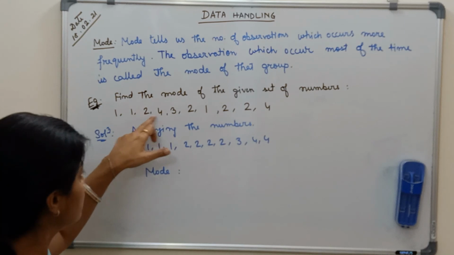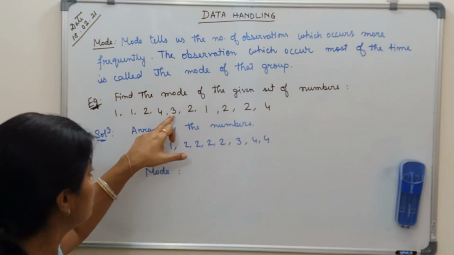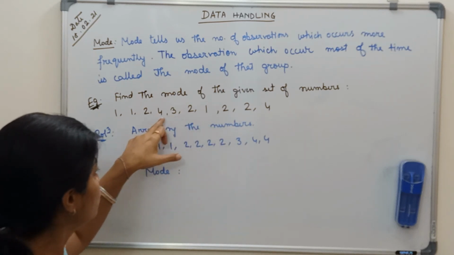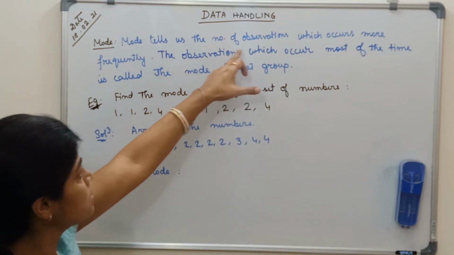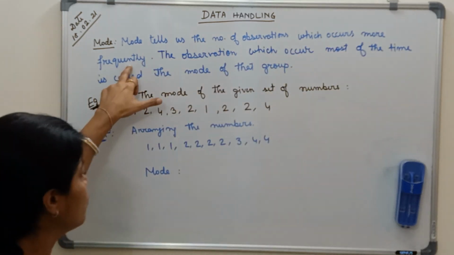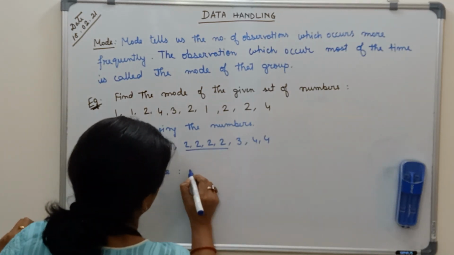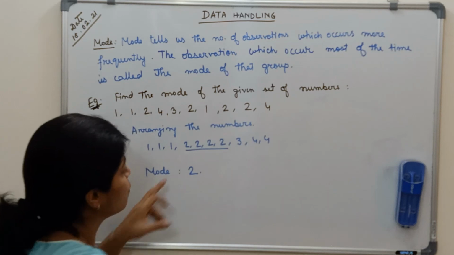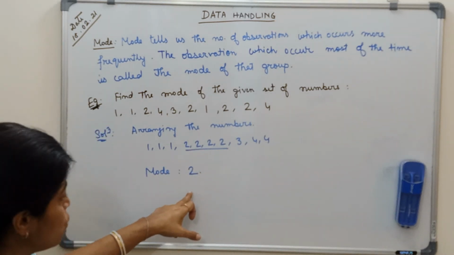How many 2s are there? 1, 2, 3, 4. 3 occurs only once, and 2 4s are there. So 2 has the highest frequency, which is 4. So the mode is 2 here.